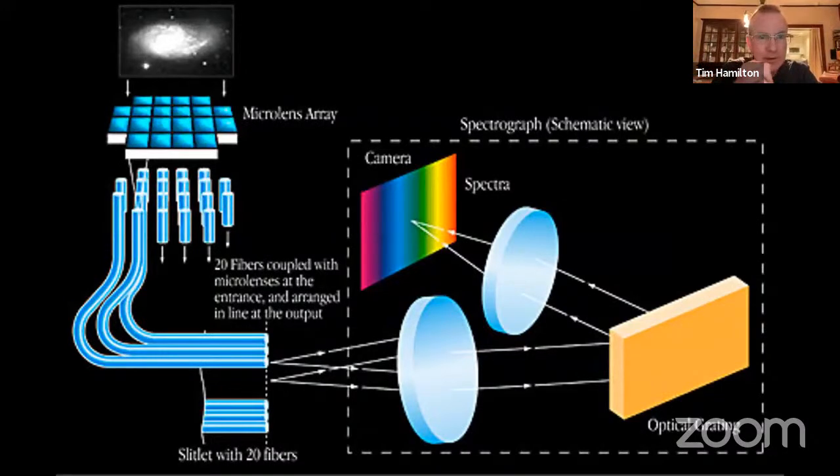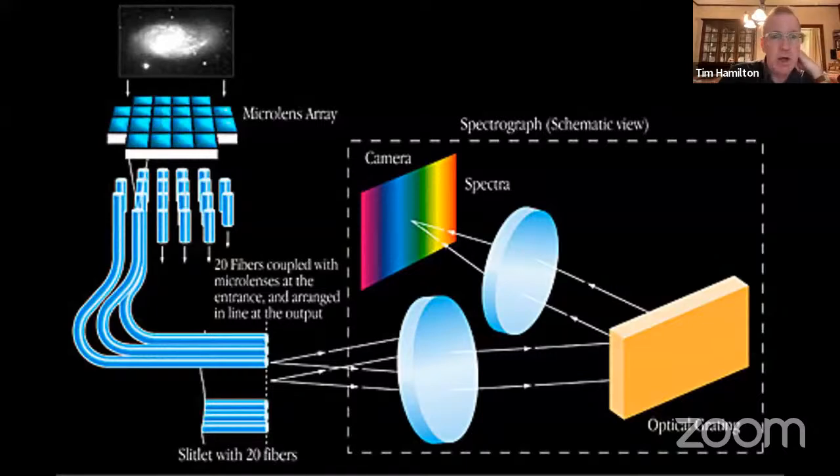But let's say instead we focus the image onto this array of small lenses, not microscopic lenses, small lenses, each of which then separates one segment, basically one pixel of the image, takes it through an optical fiber, as you see here, and then rearranges those optical fibers into a kind of pseudo slit, like the slit of a spectrograph, but made out of a row of optical fibers like this.